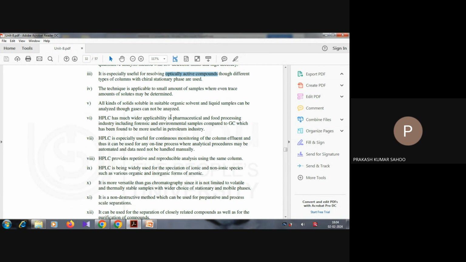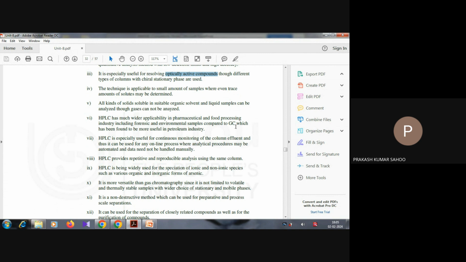So the one limitation we have detected now, that is gases cannot be analyzed through HPLC. HPLC has much wider applicability in the pharmaceutical and food processing industry, including forensic and environmental samples, compared to gas chromatography, which has been found to be more useful in the petroleum industry.